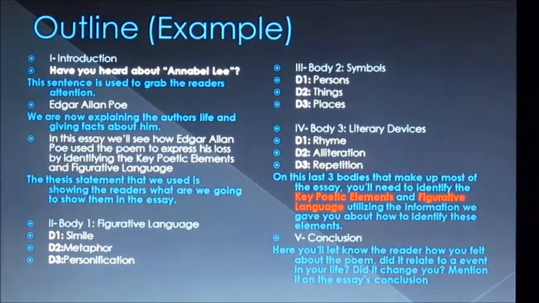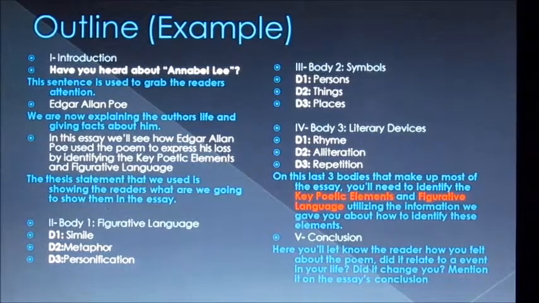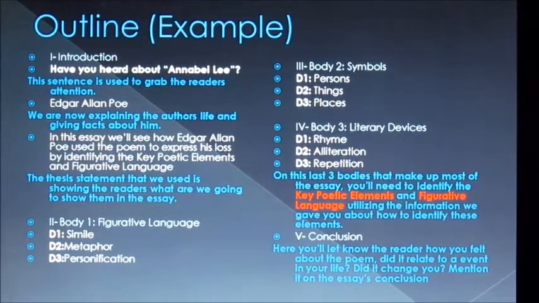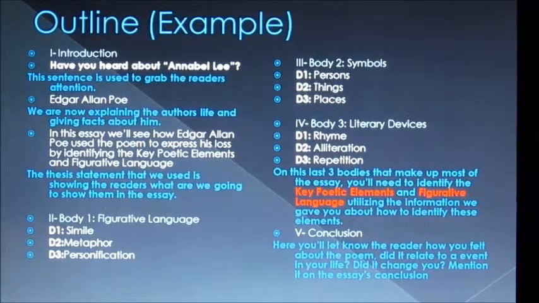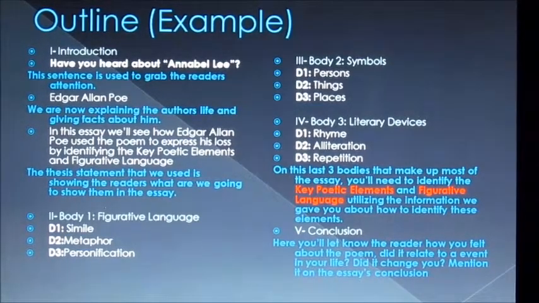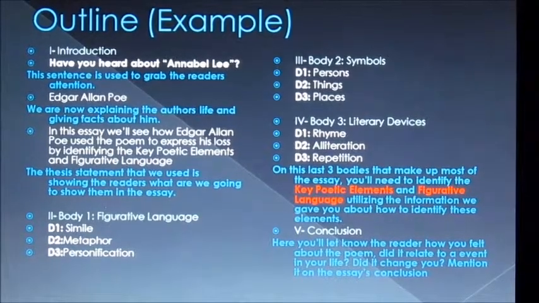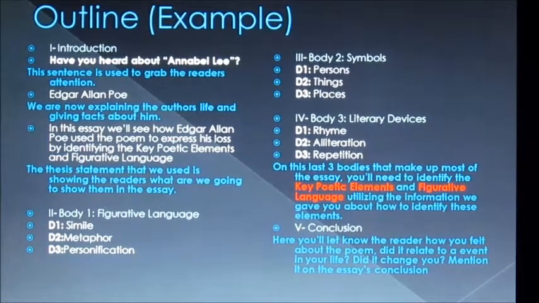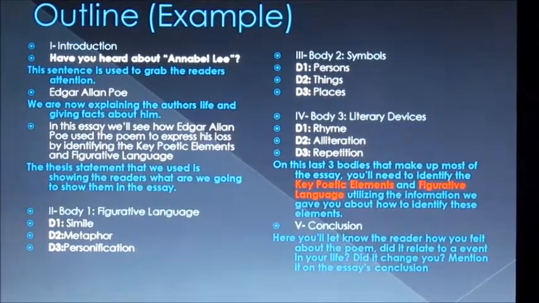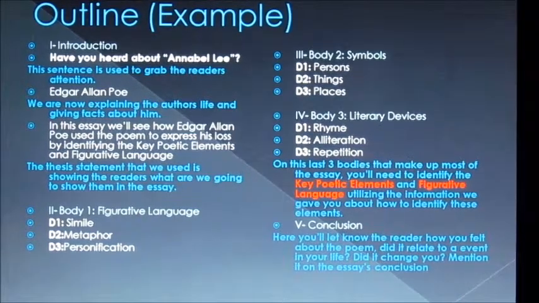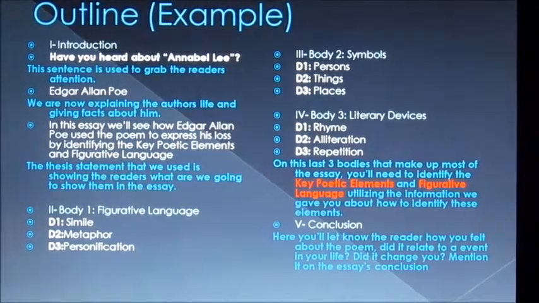The thesis statement that we use is showing the readers what we are going to show them in this essay. Then in body 1, we will use it to put the figurative language: simile, metaphor, and personifications. Then in body 2, we'll use it to put symbols, which are persons, things, or places.